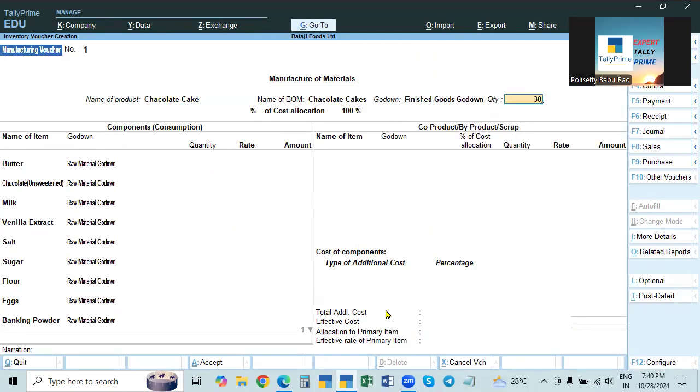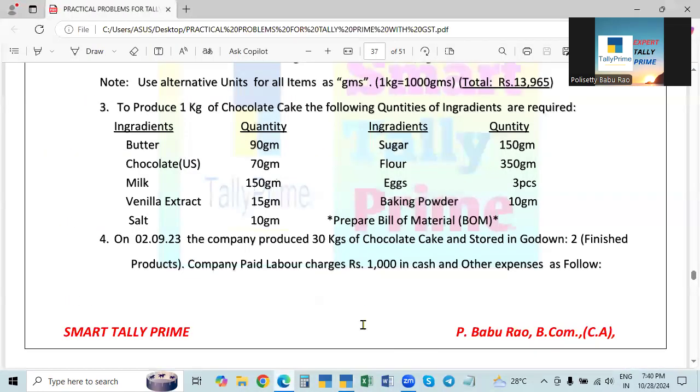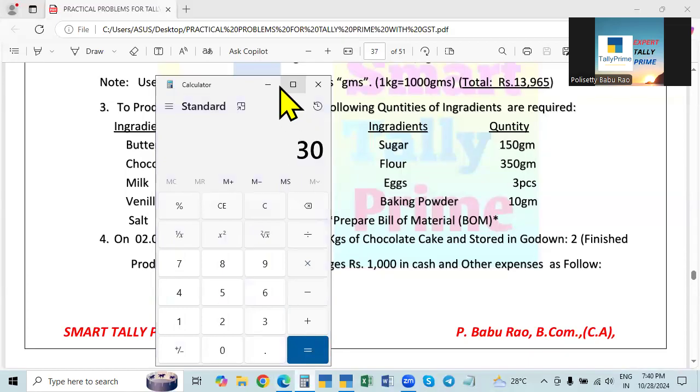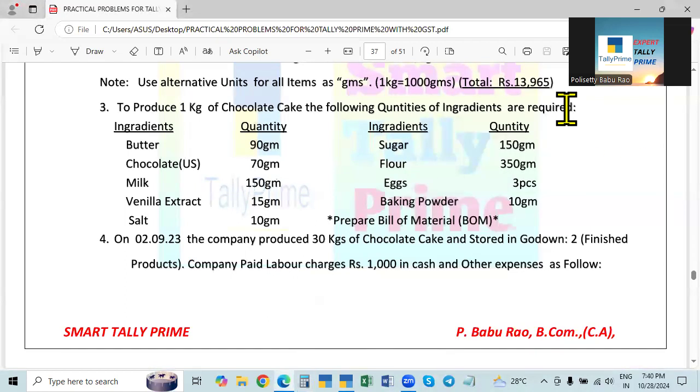In this case, see, we are manufacturing 30 kgs. For each kg, the quantity is 90 grams, so 30 into 90 means a total of 2,700 grams required. 1,000 grams is 1 kg, so divided by 1,000, it will be 2.7 kgs required for making 30.